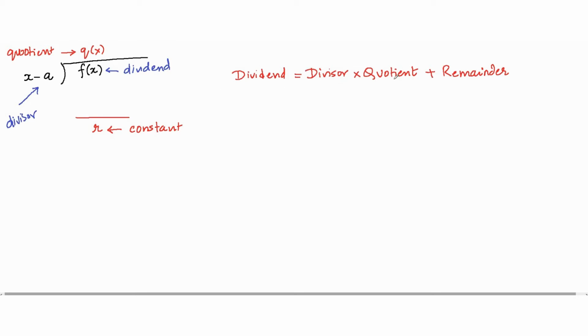So based on this, I can rewrite this relation as dividend, which is f of x, is equal to divisor. What is the divisor? The divisor is x minus a times the quotient. Quotient is some q of x. Again, it's some polynomial in x, plus the remainder. The remainder is r.